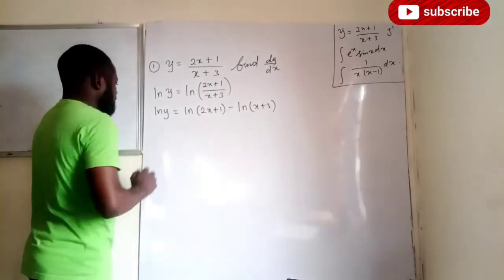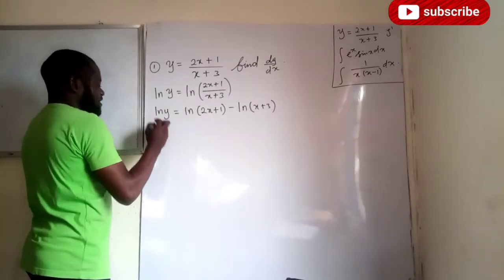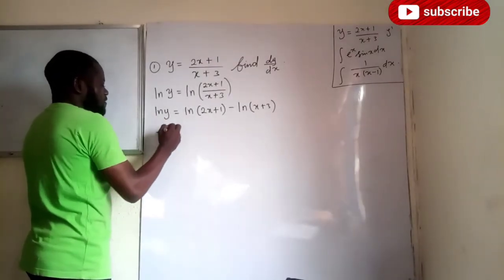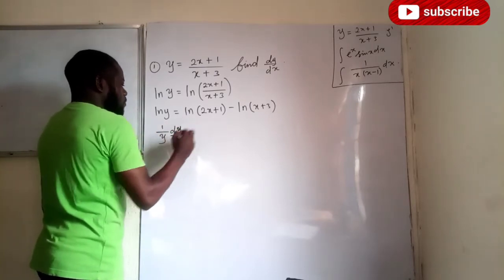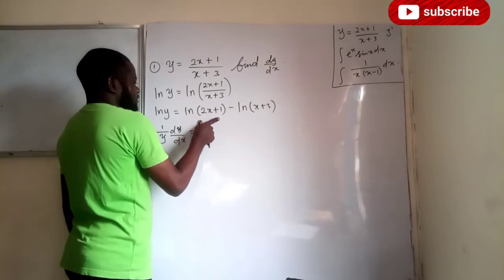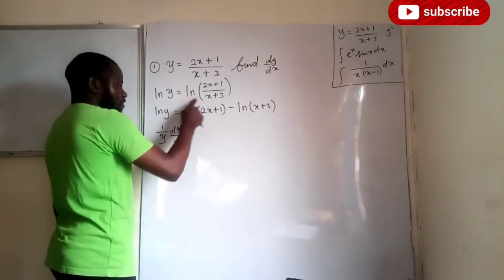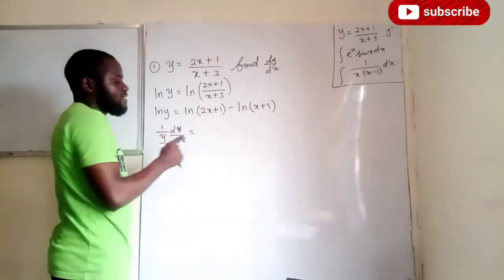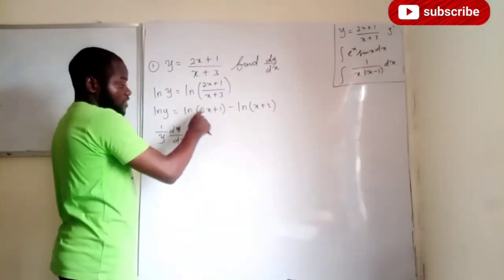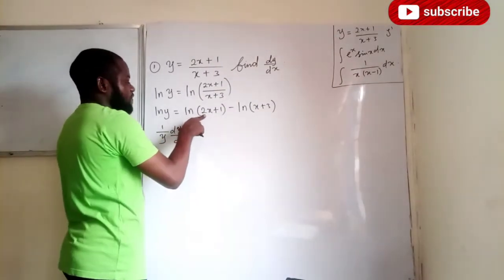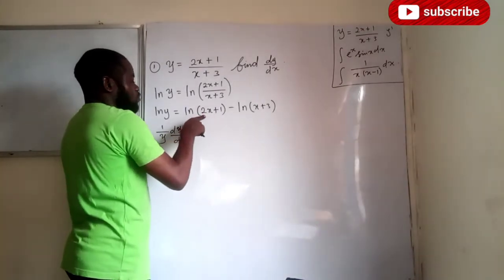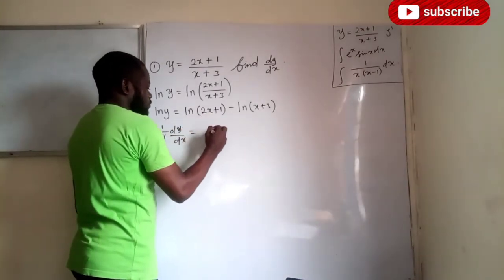Are we together now? If I take the derivative of this, that will be 1 over y, dy/dx, equals, if I take the derivative of ln of x from a composite function, that is function of a function, chain rule, you differentiate what you have inside first. If I differentiate 2x+1, my result is going to be 2.